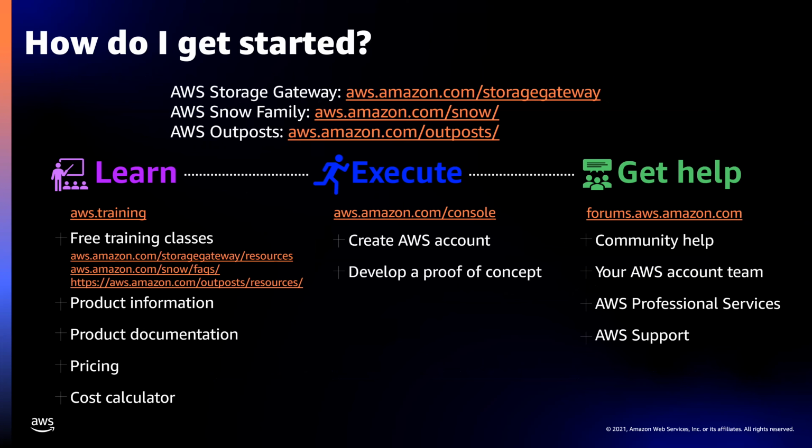If you do, then you can start to develop proofs of concept by ordering your own Snowball and starting to build your applications on top of that. If you do have specific needs, like, okay, I'm not sure if this fits my use case, you can certainly go to your AWS account team if you have one. If not, you can go online to our AWS forums to get community help as well.